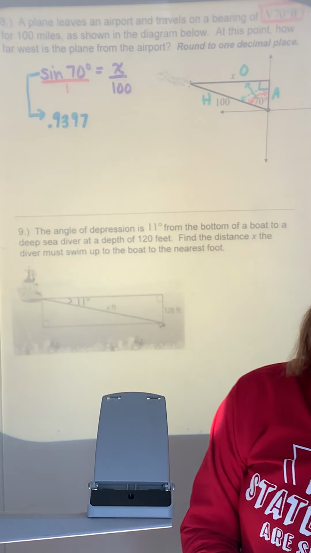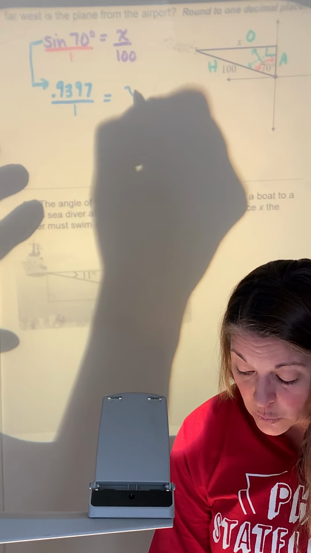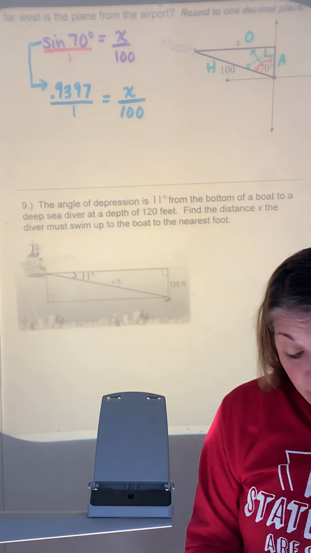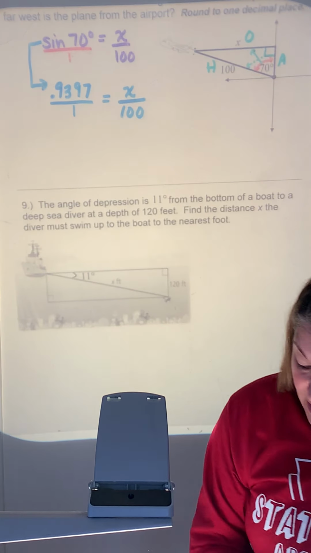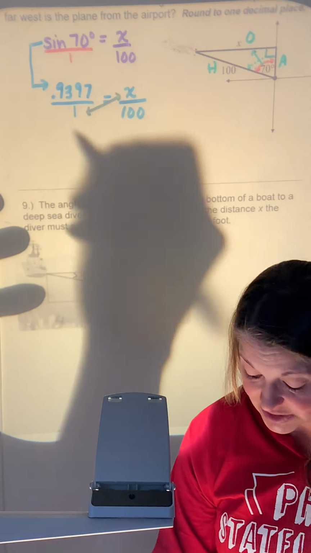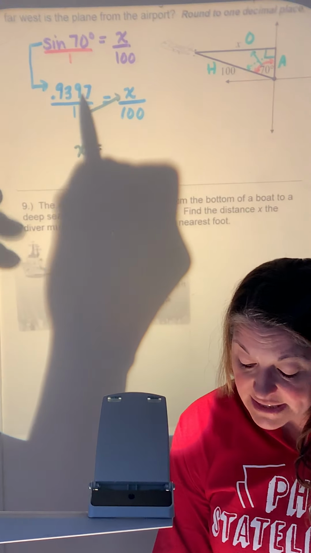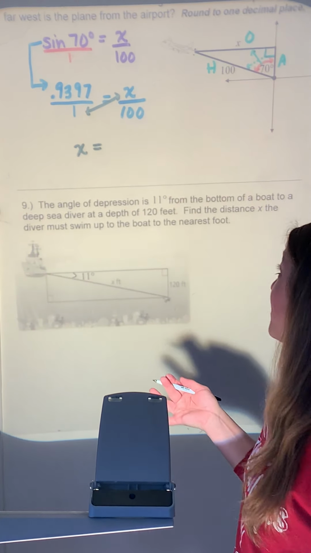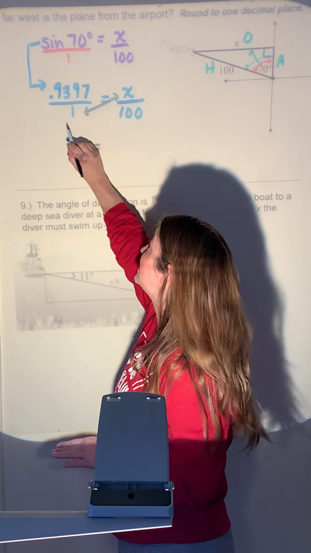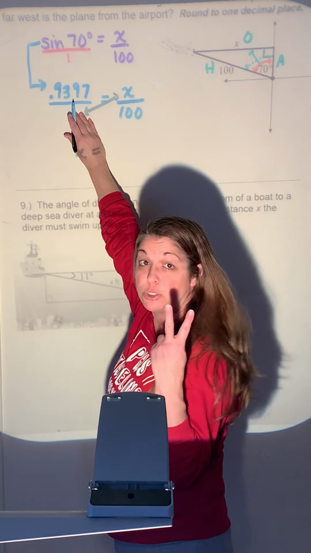So we get 0.9397 over 1 equals X over 100. Now when we cross multiply, the 1 on the bottom is getting multiplied to X, so we get 1X or just X. When we multiply this by 100, you can grab a calculator, but remember that multiplying something by 100 is the same exact thing as taking that decimal point and moving it to the right 2 spaces.